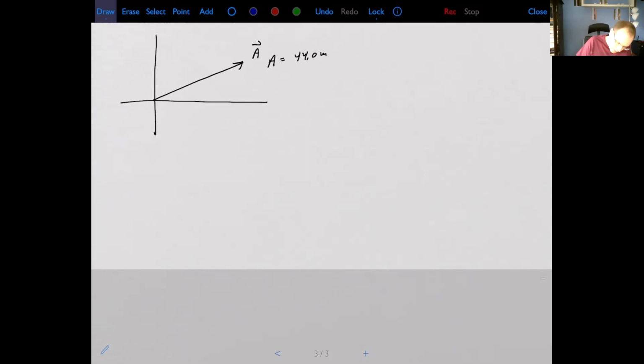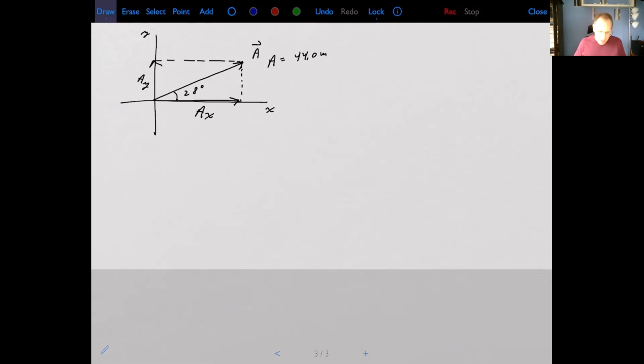I know this angle is 28 degrees. Again, this is x, this is y, and I want to find the x, y components. If I project that vector onto the x-axis, drawing a perpendicular from the tip onto the x-axis, this is going to be Ax, the x component of A. And if I project the vector onto the y-axis, this is going to be Ay. So I want to find Ax and Ay.